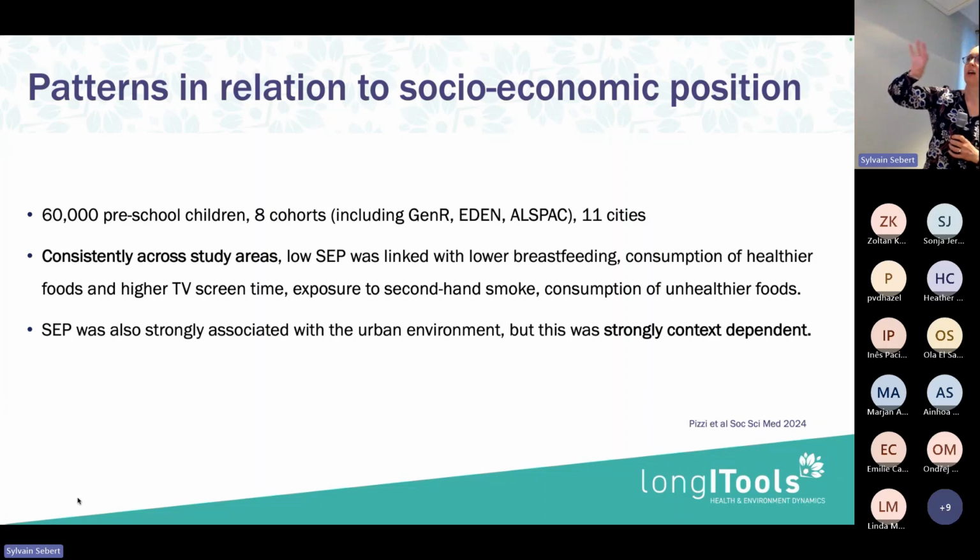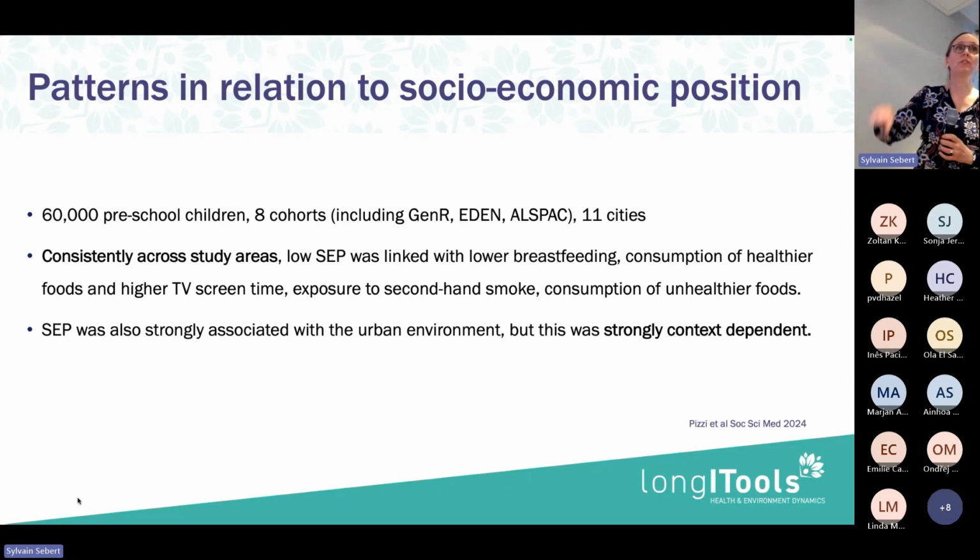There were some things that were consistent, that were found across cohorts and had very similar patterns regardless of which cohort you were looking. So low socioeconomic position was associated with lower breastfeeding, lower consumption of healthier foods, higher TV screen time, more exposure to secondhand smoke, etc. So that was similar across Europe, or at least across these cohorts.